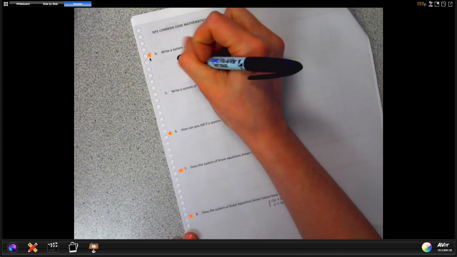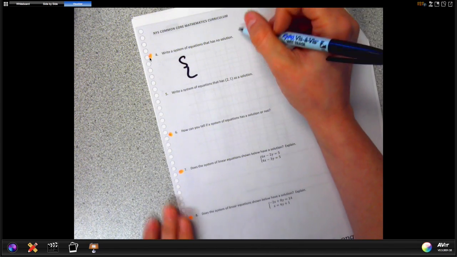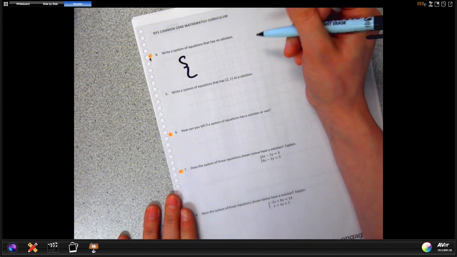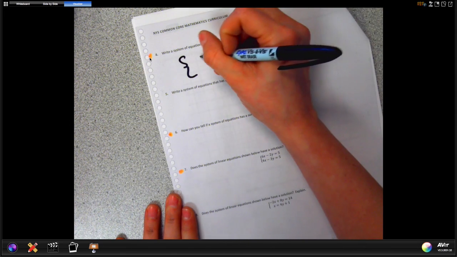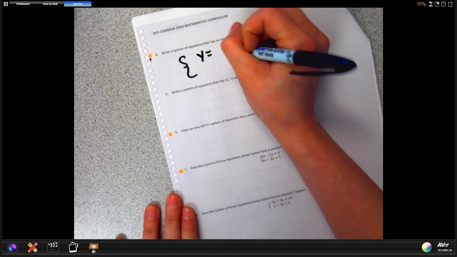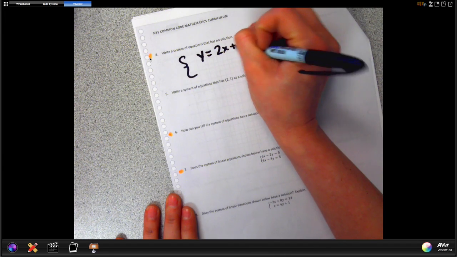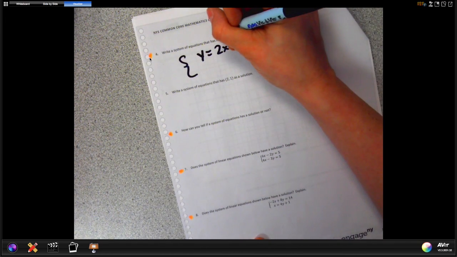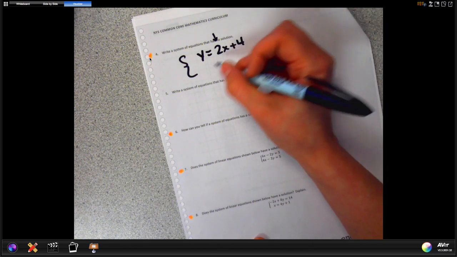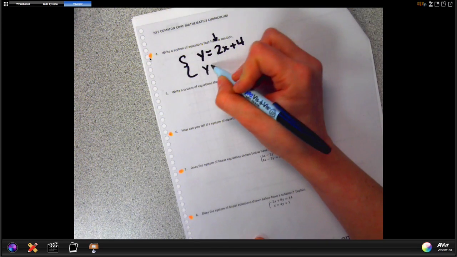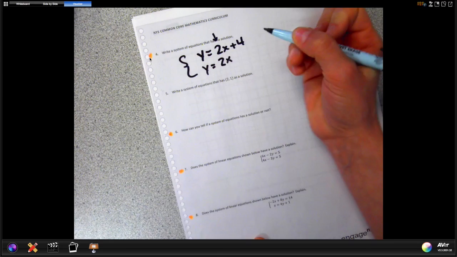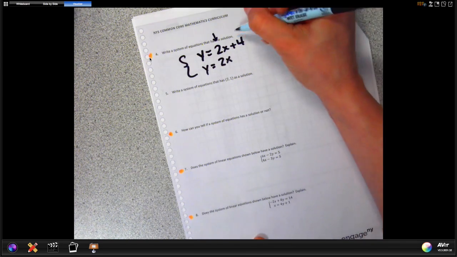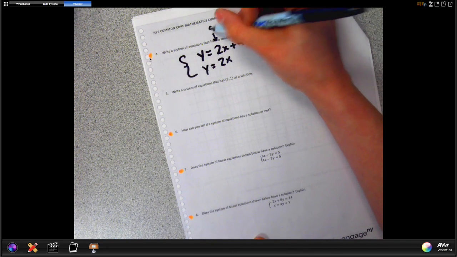So a system that has no solution, we just realized they have to have the same slope but different y-intercept. So let's start with something like y equals 2x plus 4. And you can start with anything. 2 is our slope, so we know in our second one we have to have that same number next to the x, so 2x plus 4. 4 is our y-intercept.